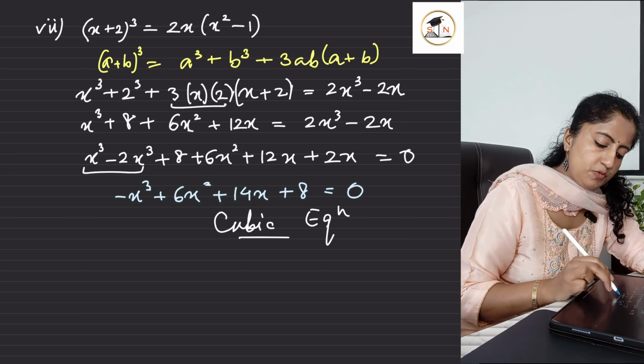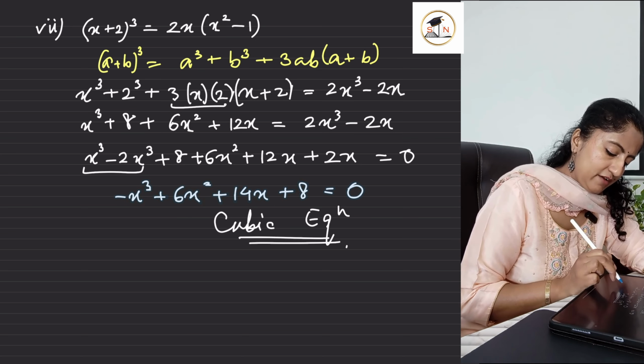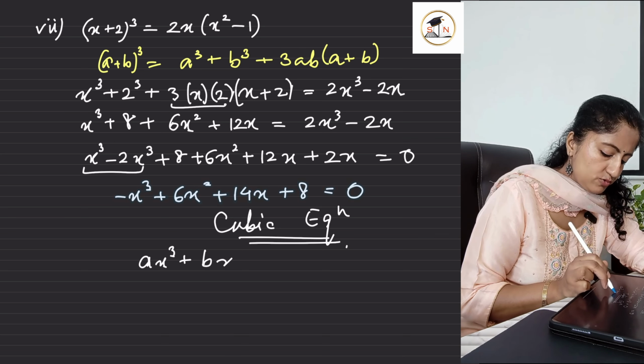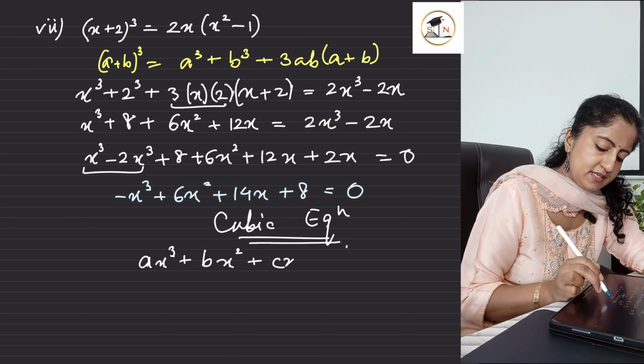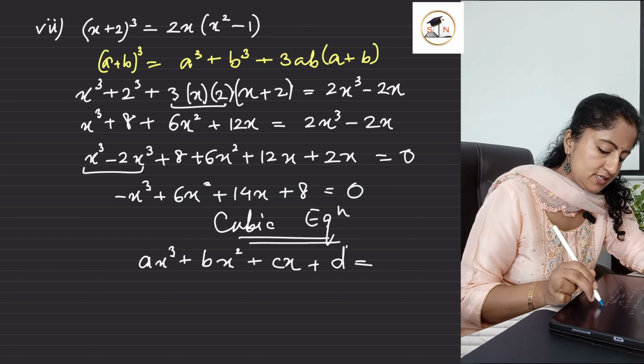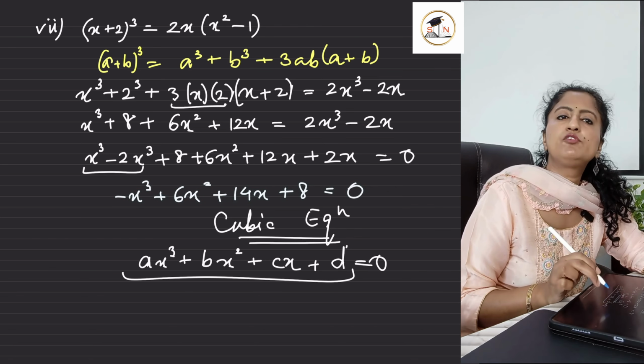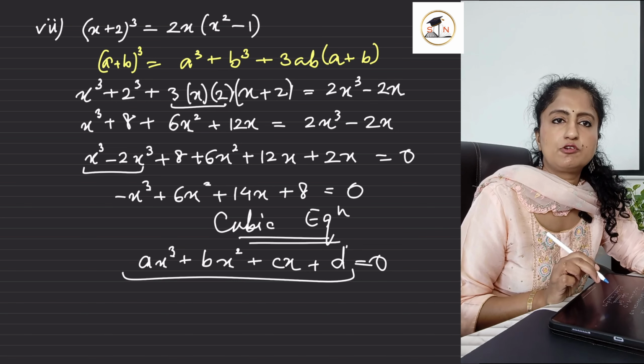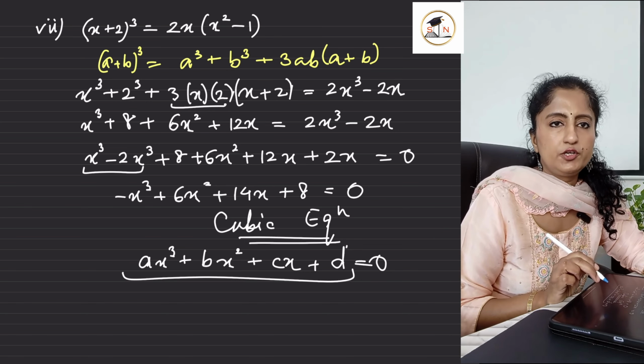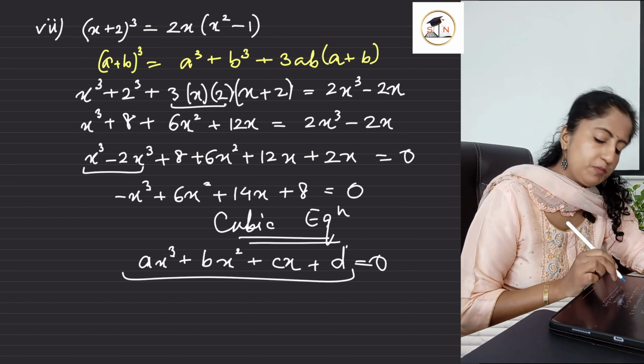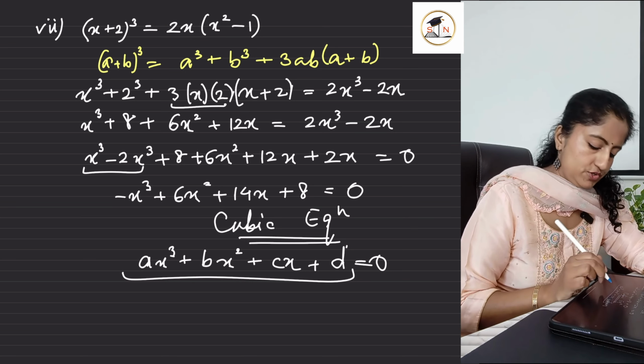It is a cubic equation because it is of the form ax cube plus bx square plus cx plus d equals 0. You were introduced to cubic polynomials also in chapter 2 of polynomials, right? So this is a cubic polynomial and not a quadratic equation.